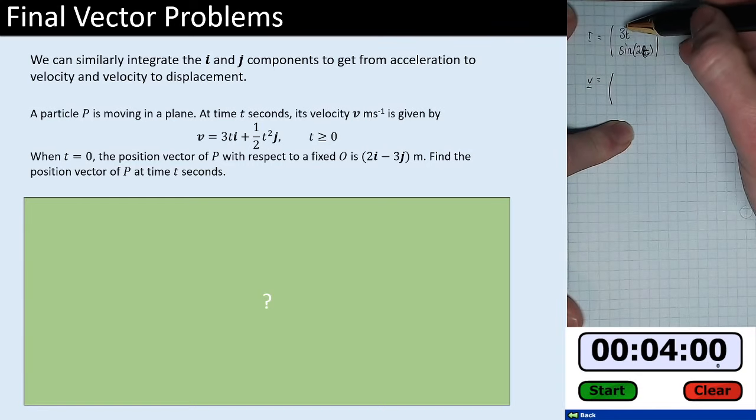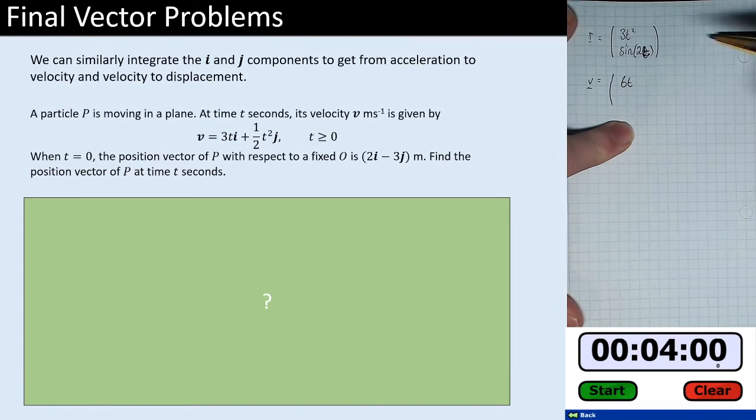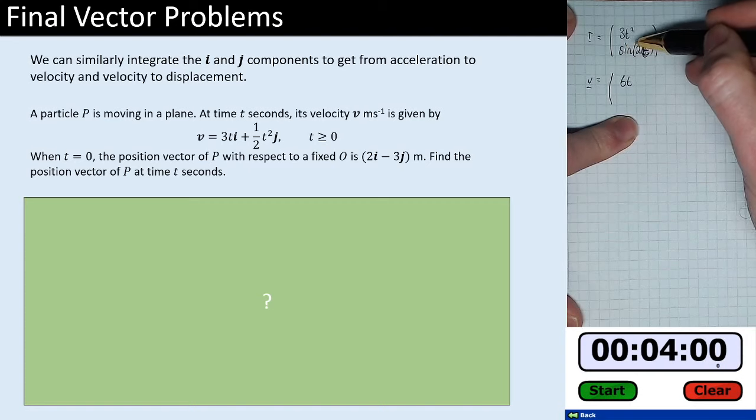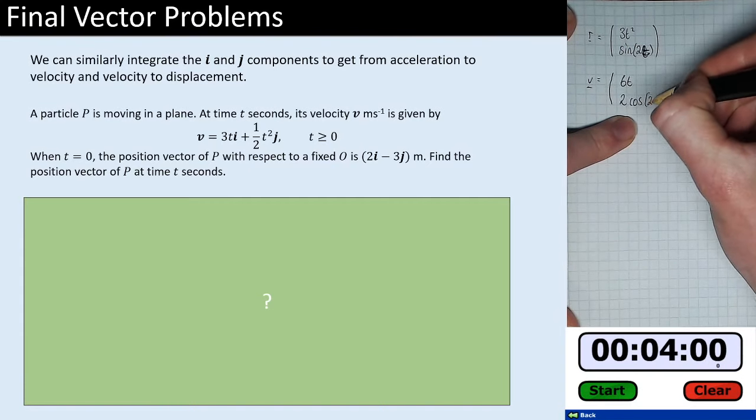So differentiating 3t squared, we would get 6t. And differentiating sine 2t, we would get 2 cos 2t.